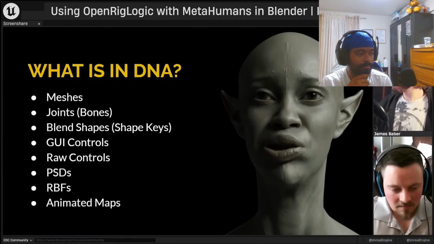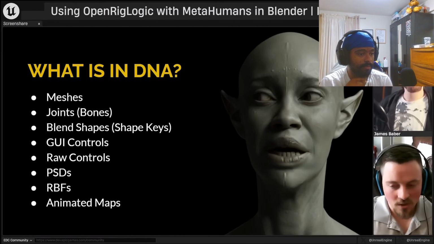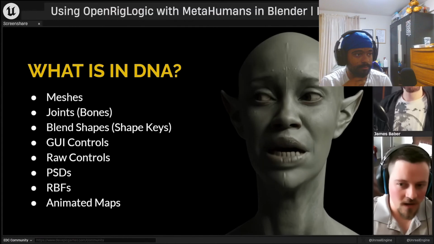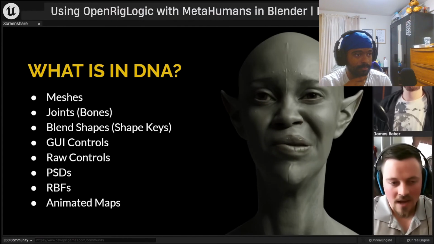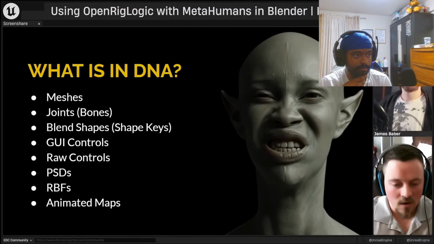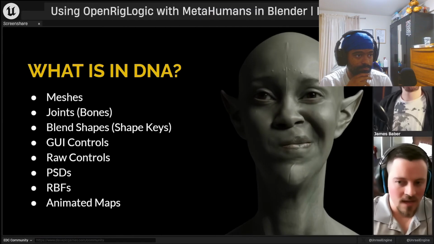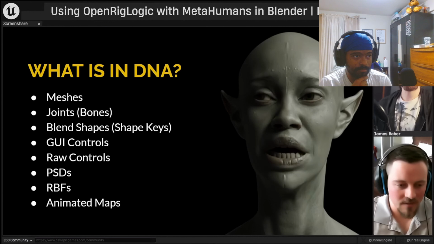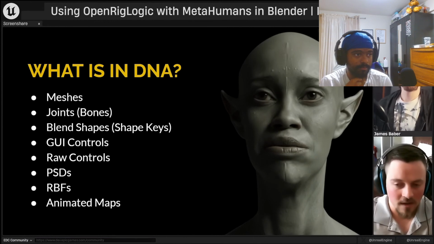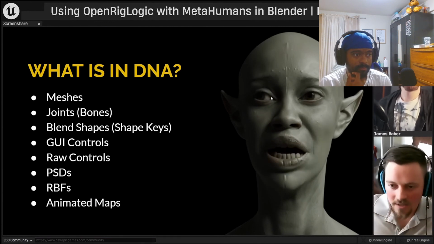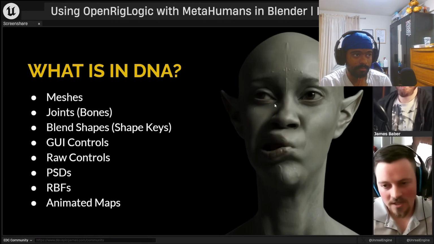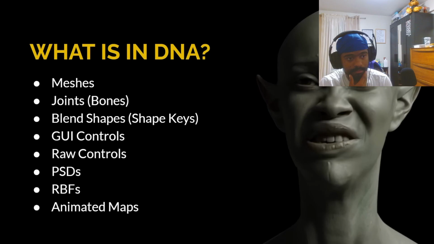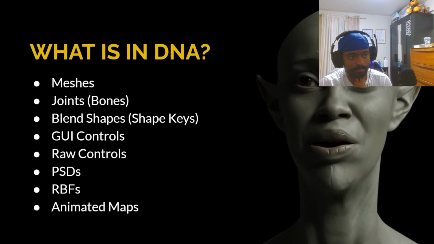And then there's also animated maps in DNA. What these basically are is mask values, and you can hook them up to a shader, and the actual rig itself, or rig logic, will compute your mask values. And there are different variants of blood flow maps on the colors, or on your base color map. So if we take a look at this character here, you can see she does this expression at a certain point where there's the wrinkle in the nose, and around the nose bridge there are those wrinkles appearing.